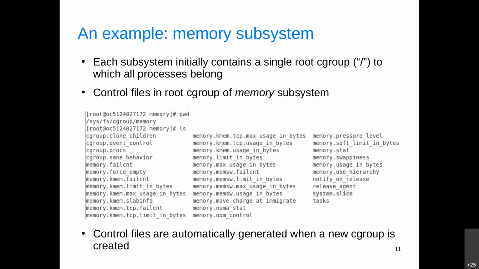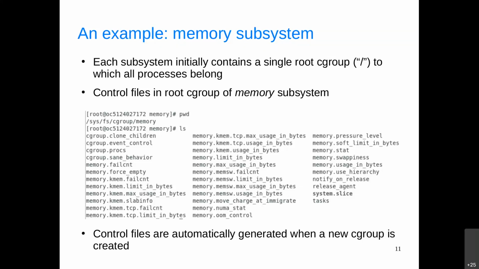On this slide, I put up all the control files present in the memory subsystem. All these control files are present in every cgroup which is created under a subsystem. And these control files provide you information. For example, if we are talking about the memory subsystem, then these control files provide you information about different aspects of memory usage. It could be kernel memory, it could be your physical memory, that's RAM, or the swap usage.